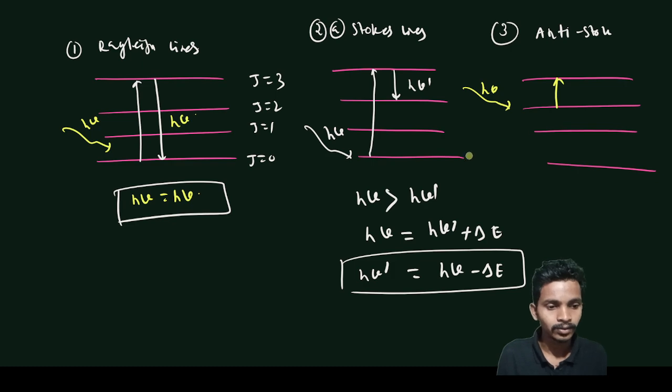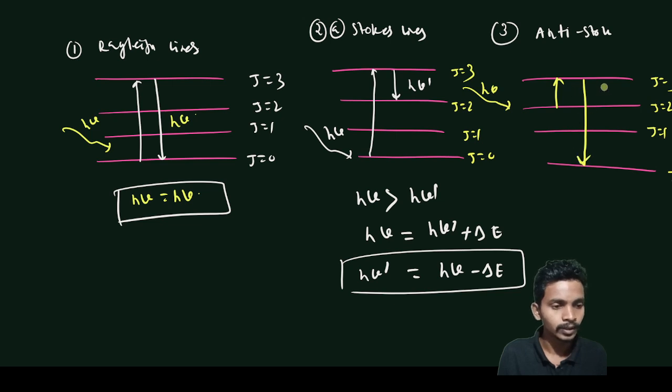Let's say this is also j equal to 0, j equal to 1, j equal to 2, j equal to 3, this is also j equal to 0, j equal to 1, j equal to 2, j equal to 3. So here also same things, this will be h nu dash, this is the h nu. So here we see that h nu dash is greater than h nu.